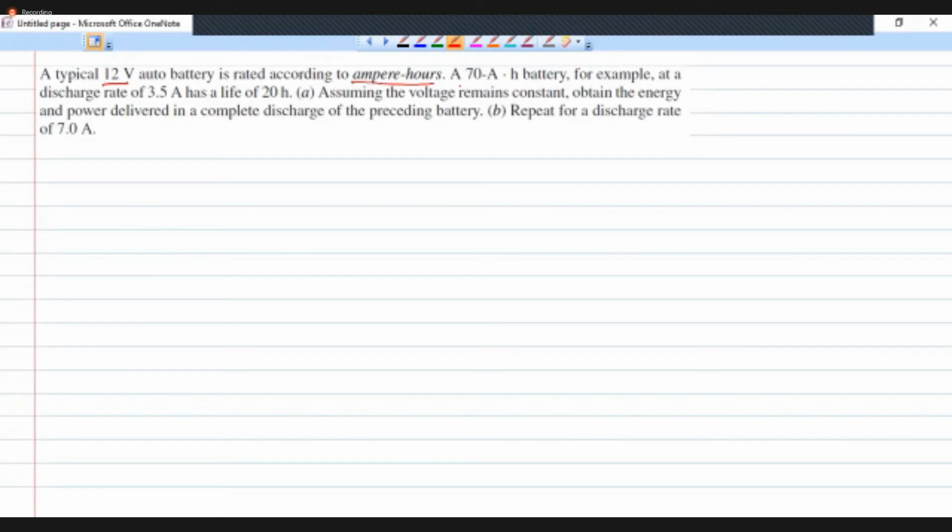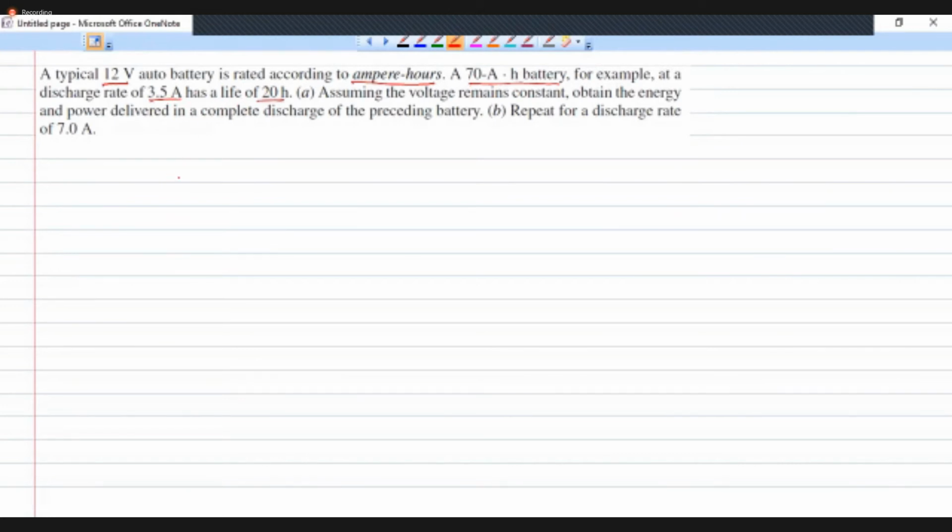And the question is a 70 ampere hour battery is capable of discharging at the rate of 3.5 ampere for 20 hours. So what is the meaning of that? If the capacity of the battery is 70 ampere hour, then that battery is capable of delivering 3.5 ampere for 20 hours, right?